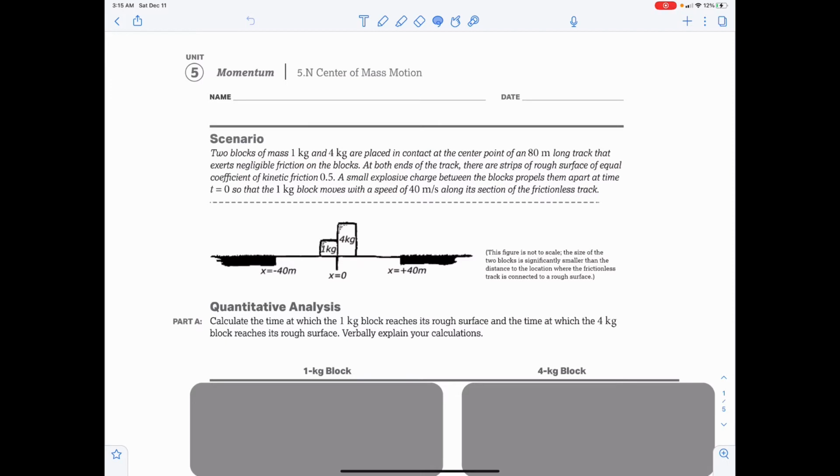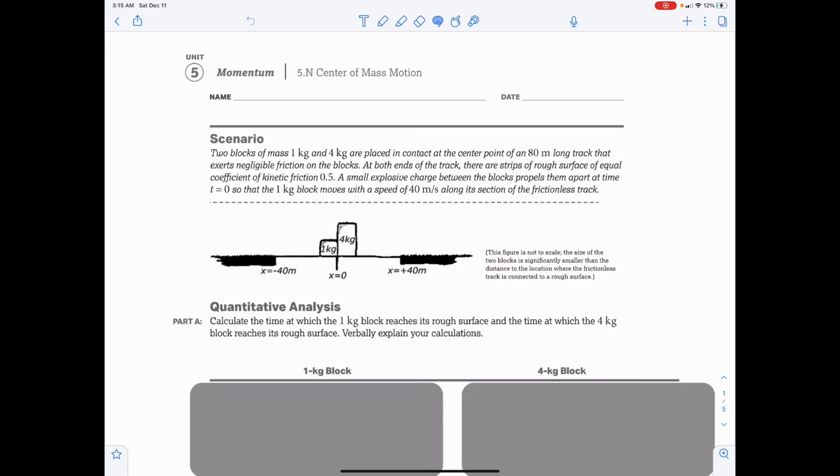2 blocks of mass m, 1 kilogram, and 4 kilograms are placed in contact at the center of an 80-meter-long track that exerts negligible friction on the blocks. At both ends of the track, there are strips of a rough surface of equal coefficient of friction 0.5.